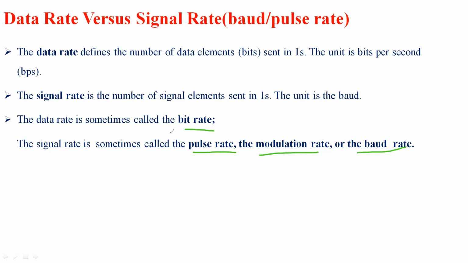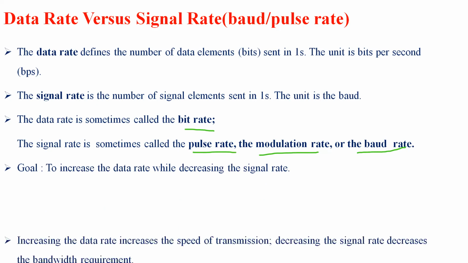The major goal of using a data rate or a signal rate in data communication is to increase the data rate while decreasing the signal rate. In order to increase the data rate, we need to decrease the signal rate.